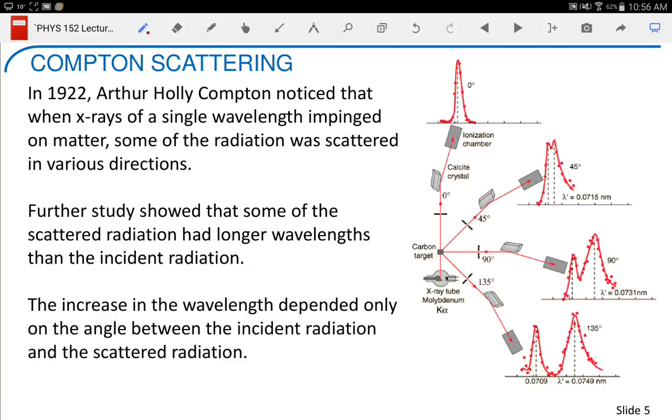But if the light bent, that is, if it refracted, changed directions, he had 2 peaks in his wavelength. One was the wavelength he started with, and one was shifted out to a longer wavelength.